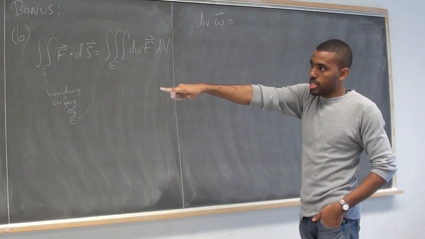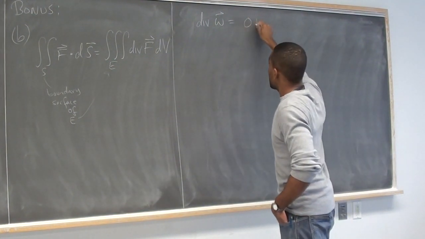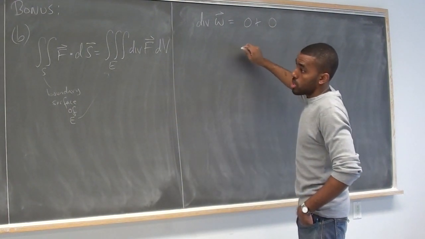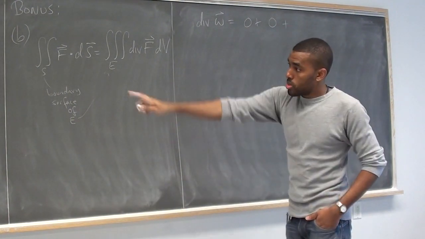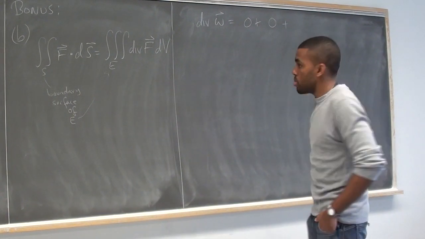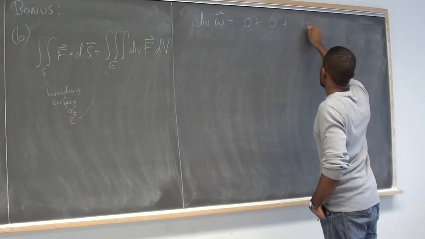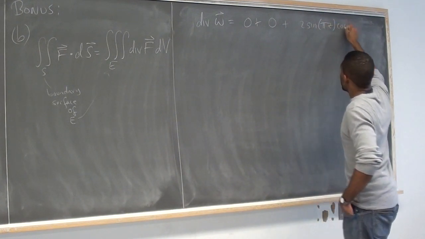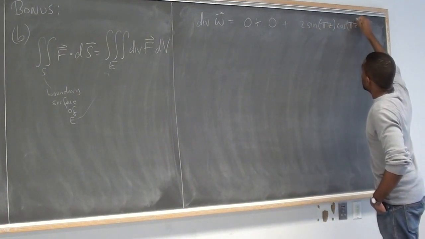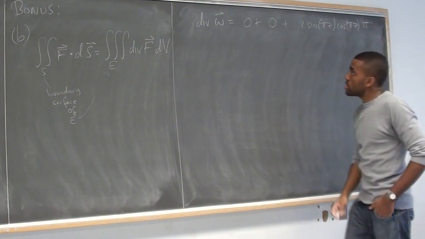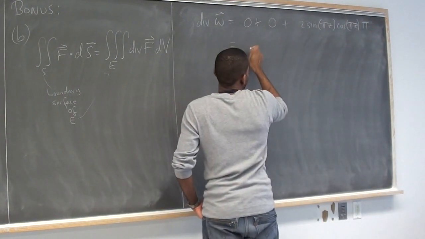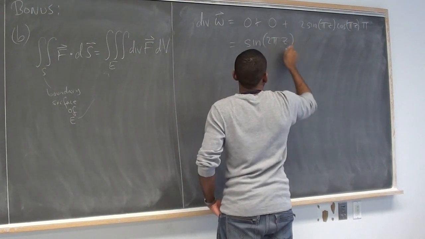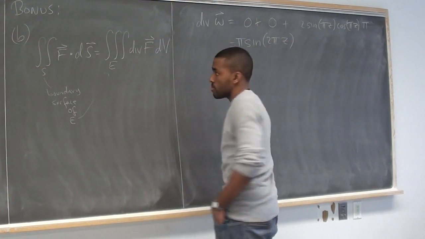So the partial with respect to x of y is 0, plus the partial with respect to y of x squared is 0, plus the partial with respect to z of sine squared pi z is going to be 2 sine pi z times cosine pi z times pi by the chain rule. So this is actually sine of 2 pi z times pi.